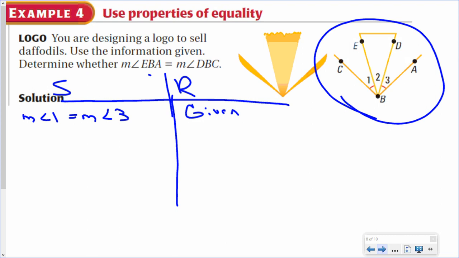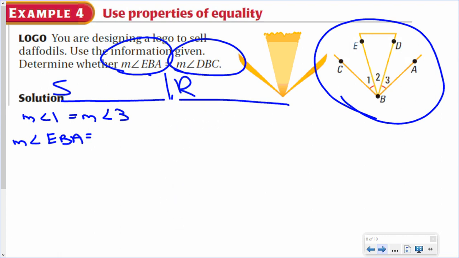All right, so in the end, we want to prove the measure of angle EBA is congruent to the measure of DBC. So let's make a statement about the measure of angle EBA. I can see already I'm going to have to move this over, to get a little bit more space here.